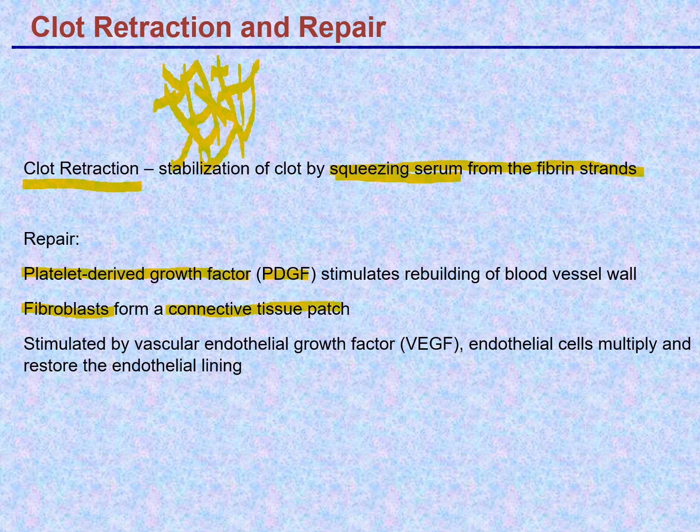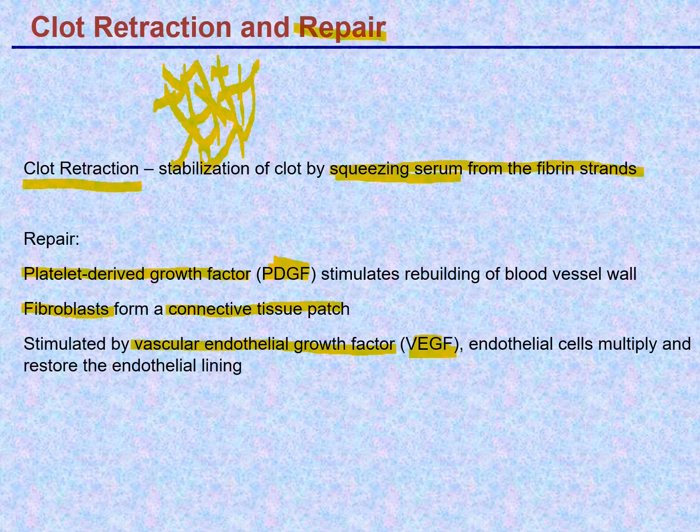And you also get release of another growth factor called the vascular endothelial growth factor, VEGF. These are a lot easier to remember as VEGF and PDGF. Platelet-derived growth factor, vascular endothelial growth factor. This helps endothelial cells, the cells that normally line or pave the surface of the blood vessel. It helps them to grow and multiply and restore the proper endothelial lining.